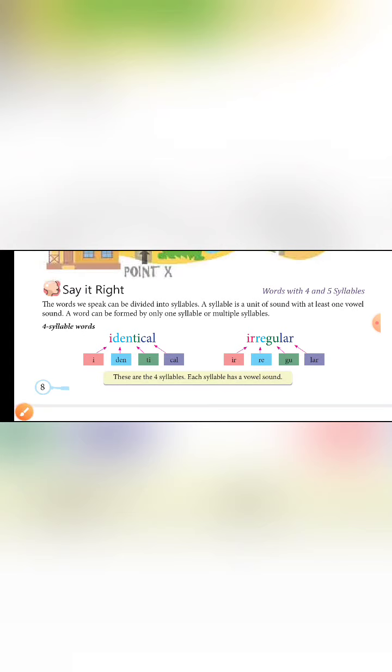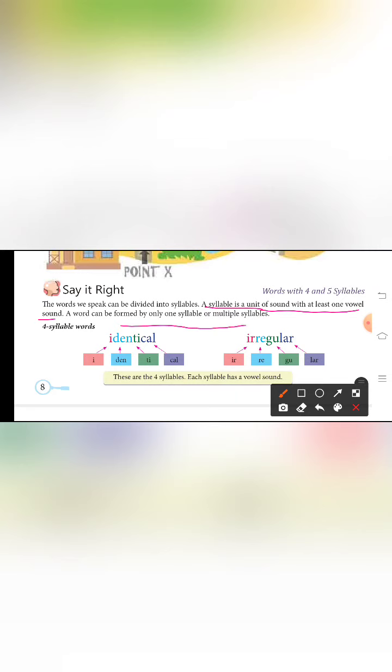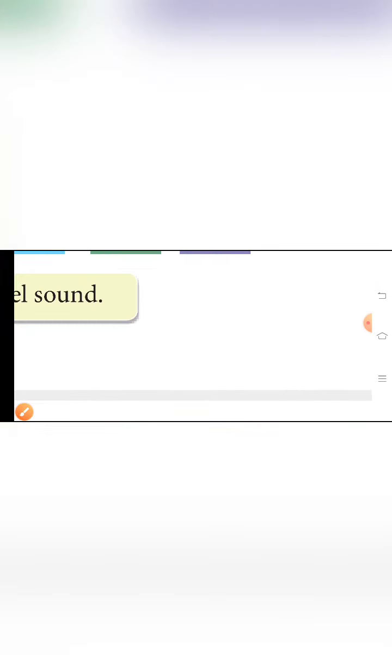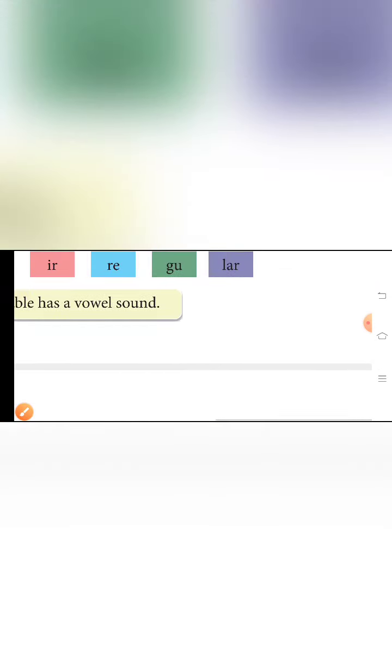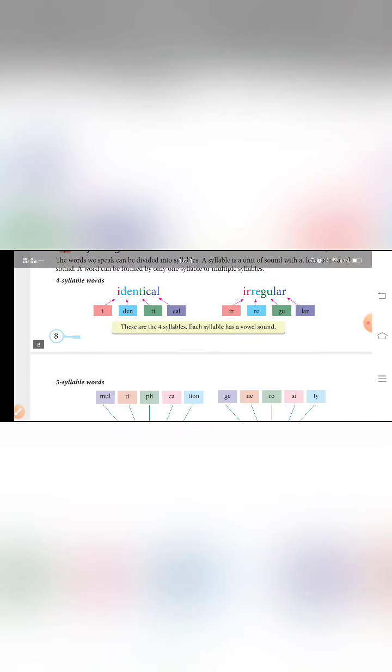And what is a syllable? Let's know. A syllable is a unit of sound with at least one vowel sound. A word can be formed by only one syllable or multiple syllables, right? See this word identical. The word identical is having 4 syllables.